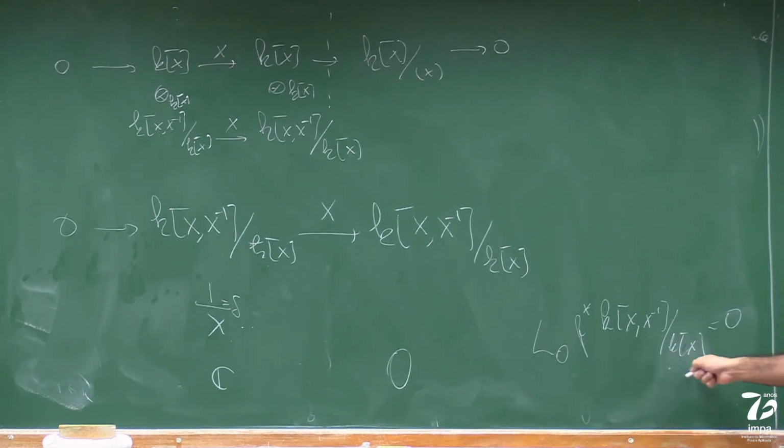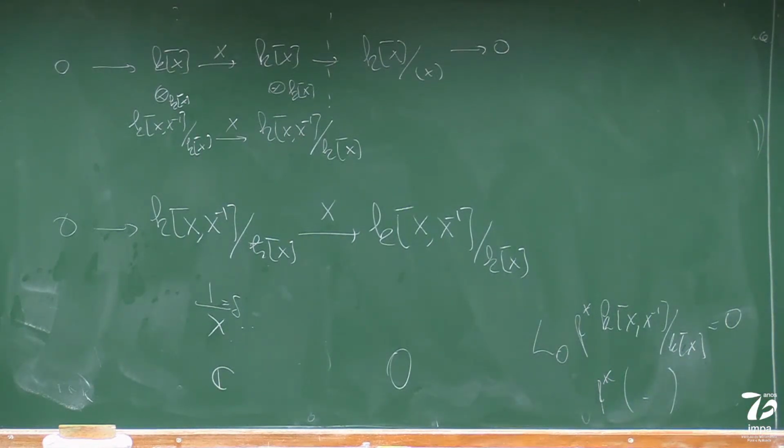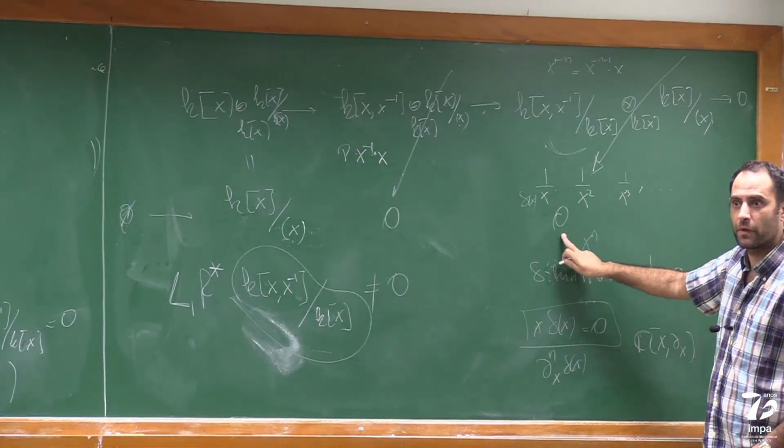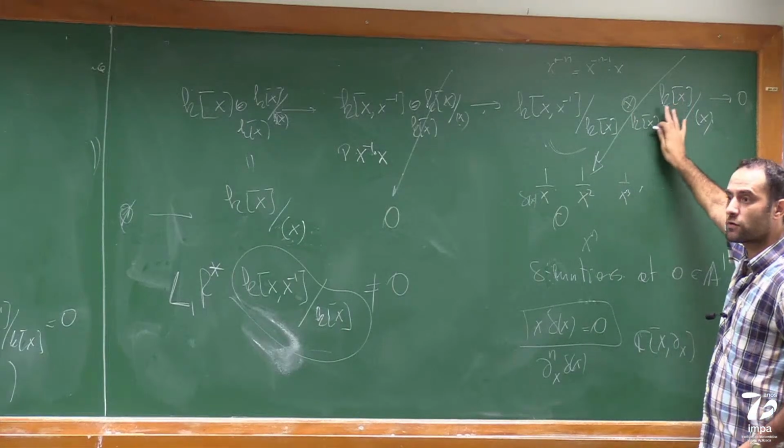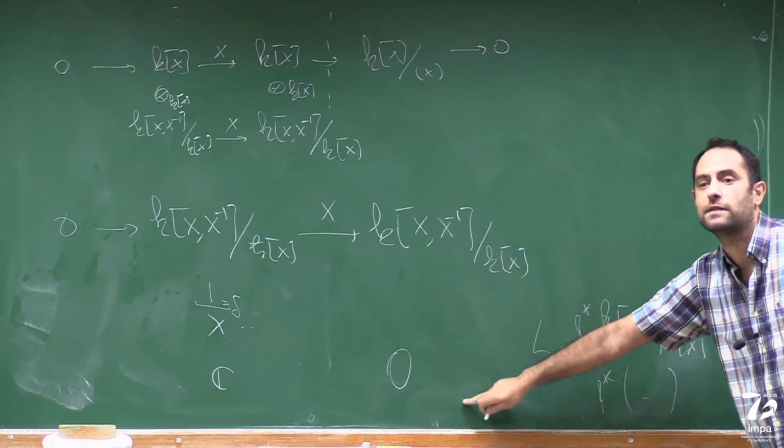Good, we already knew this because this is the pullback of the same thing, and we already computed that this guy was 0. So the pullback of this, we already knew that this tensor product was 0. This is a right exact functor, so we expected this 0 here.